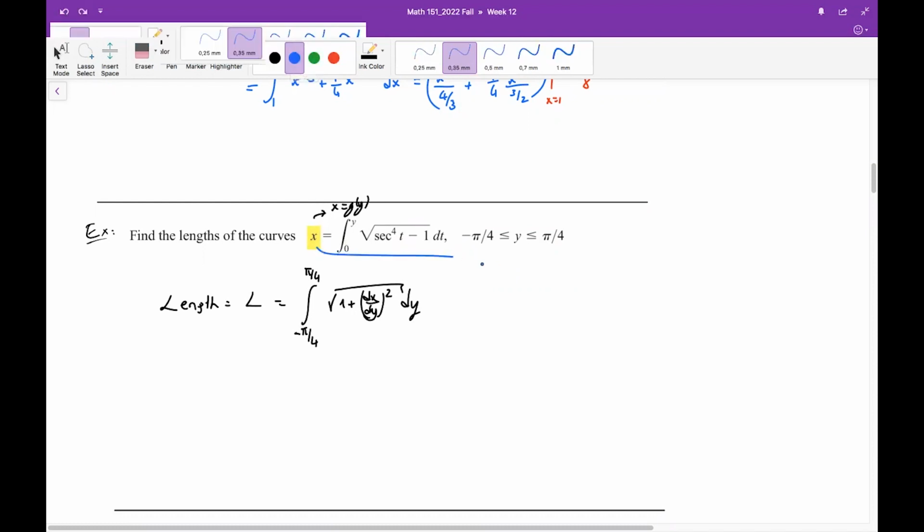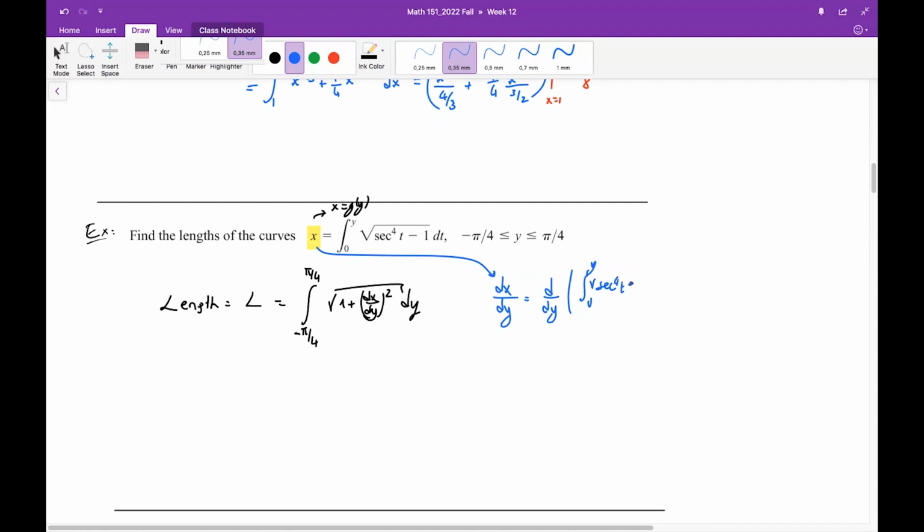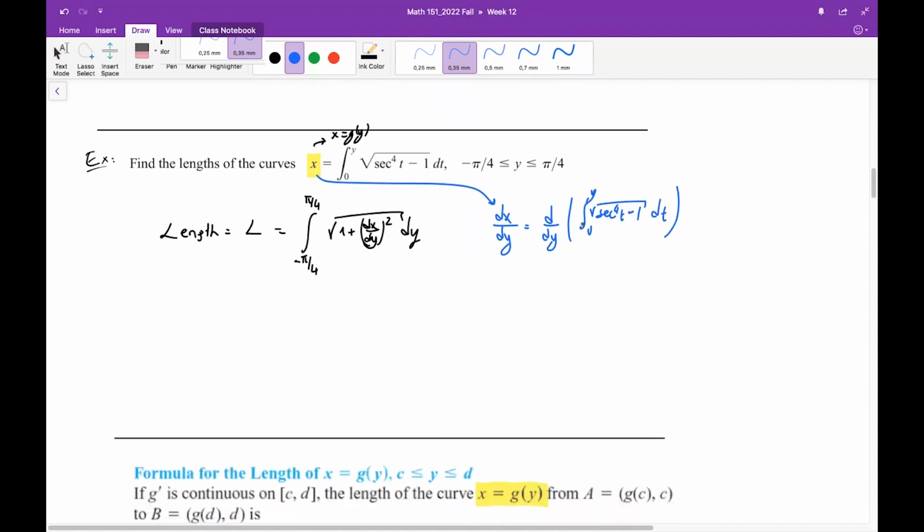So let's try to differentiate this x function with respect to y. So the derivative with respect to y of this function, which depends on y, right? The integral of the square root of secant to the power 4 t minus 1 dt. Okay, this is an integral in terms of y, and then you are allowed to differentiate with respect to y also. First integral, then derivative should remind you of which theorem?